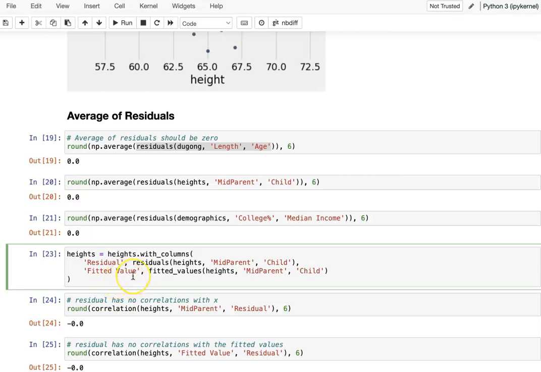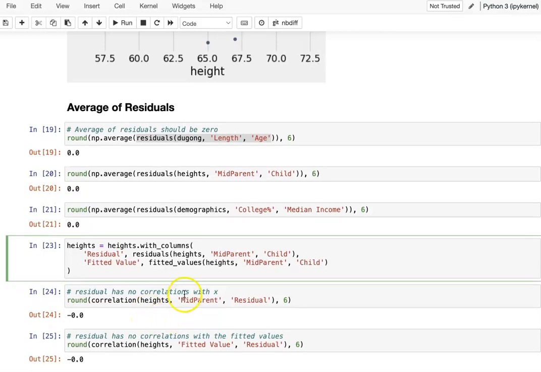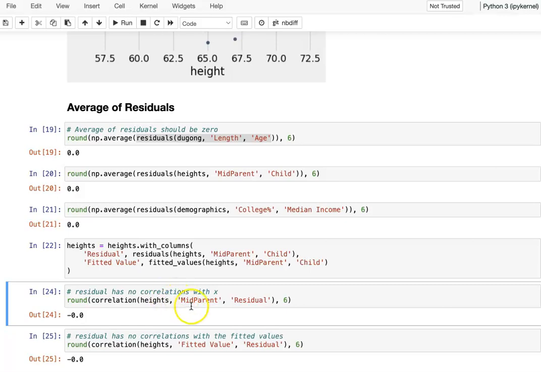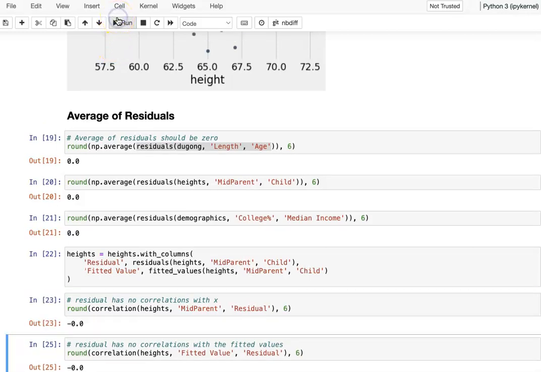Then we check the fitted value and the residual against the mid-parents' height, the average of the parents' height, that's x. Do they have correlation? Their correlation is 0. The same thing: your fitted value with your residual and the parents' height, they are 0.